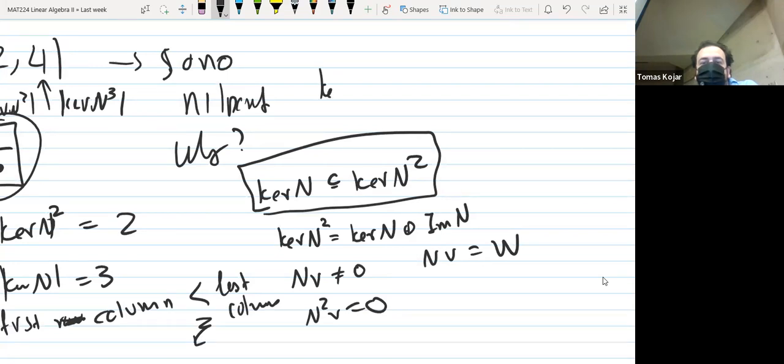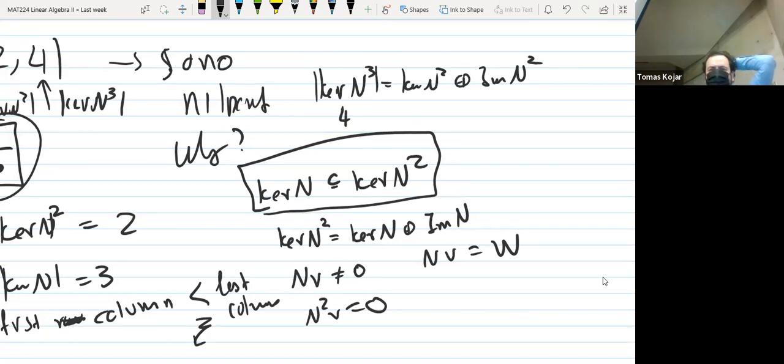So let's do the kernel of n cubed, and we have the kernel of n squared. I remember proving this, the conclusion. So then, yeah, this guy was 4. And what did we have? This guy was a 2, right? So what do we want to say? That's because I haven't done this example and it came out of nowhere.